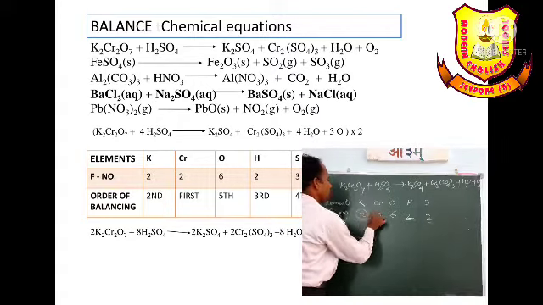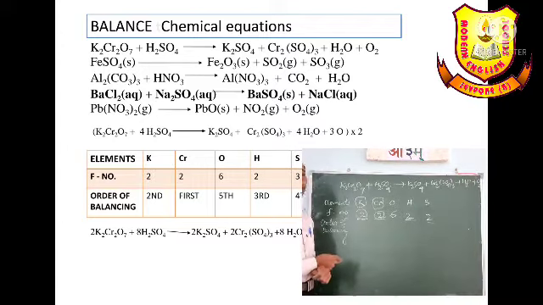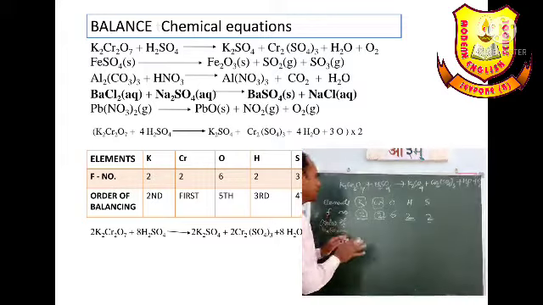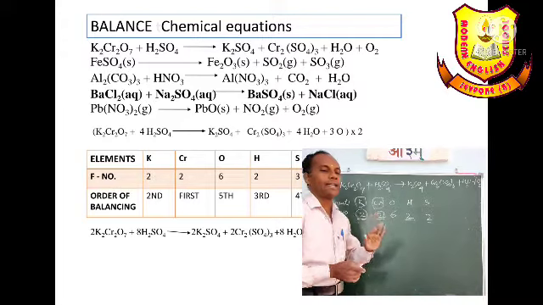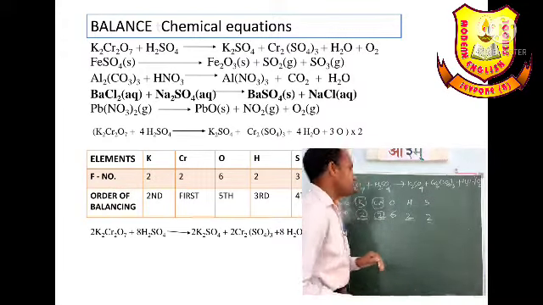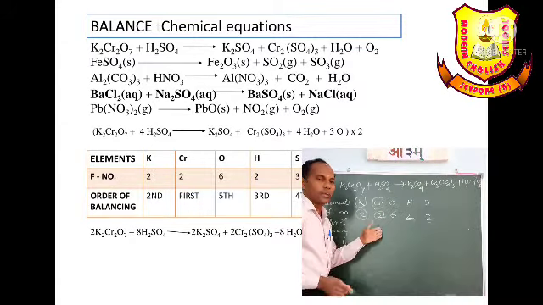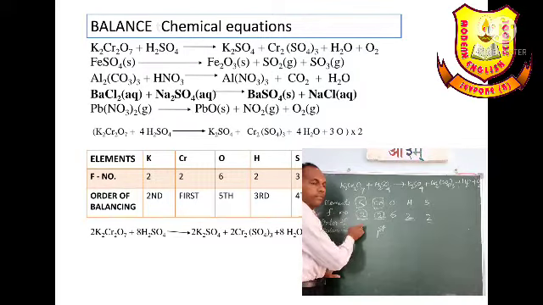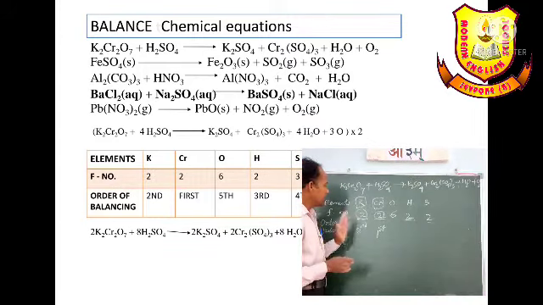So potassium and chromium are metals and have the same F number. Then next we balance the one which has the highest atomic number. Obviously chromium has the highest atomic number, so this one will be balanced first. Then next potassium, because it is decreasing order of atomic number.